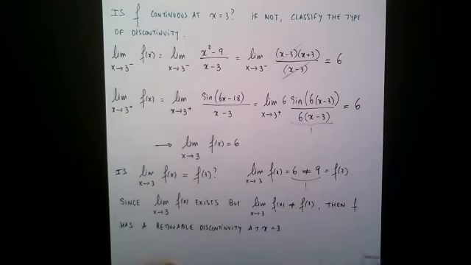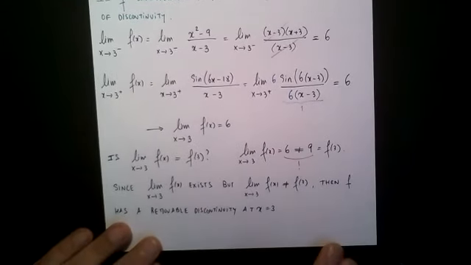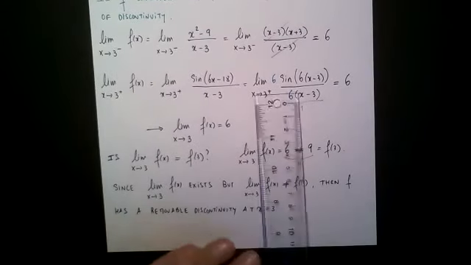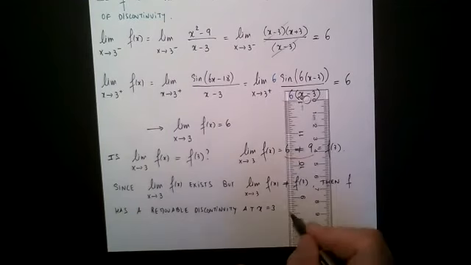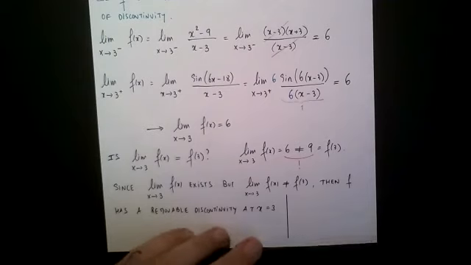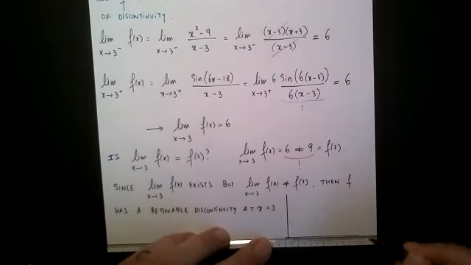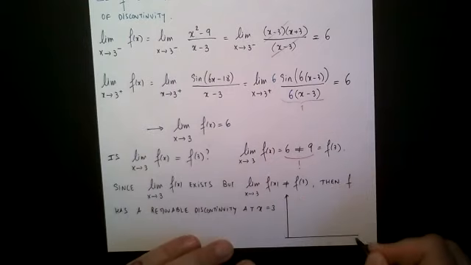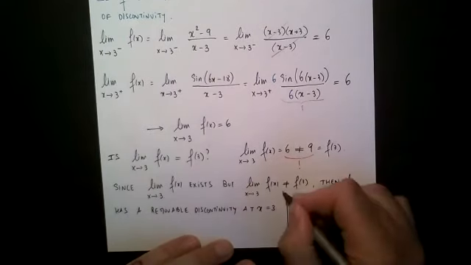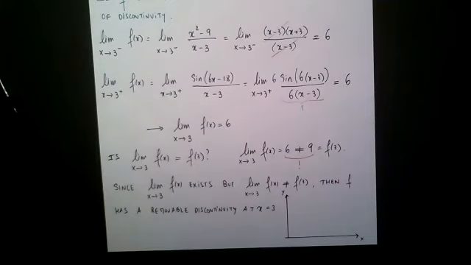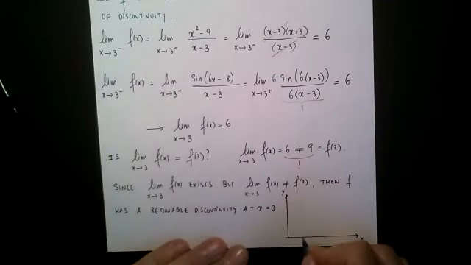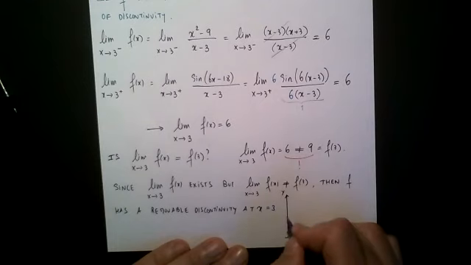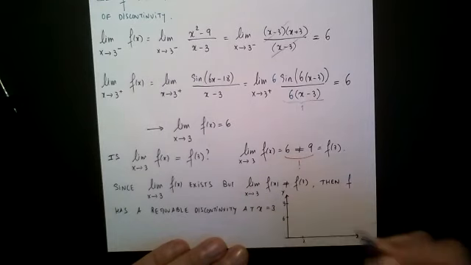If I'm going to try, with the little space that I have here, to show you what this is going to look like: let's say this is 3, this is 6, and this is 9.